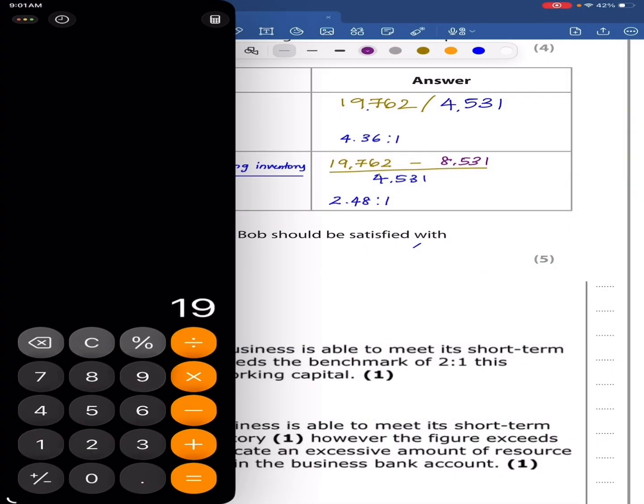Therefore 19,762 take away 8,531. I'll figure out the answer. Divide that by 4,531, the total current liabilities. So it should be 2.478. So if you round up to 2 decimals, it's 2.48.